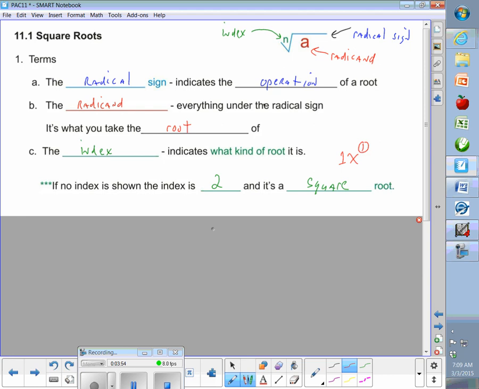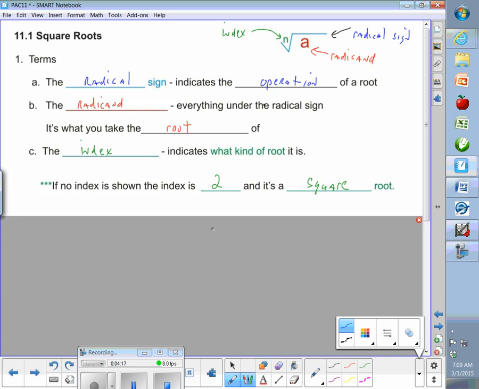Well, it's also a 1, but we don't bother to write the 1 because when there's nothing there, we know it's 1. Well, with our radical sign, when there's nothing in the index, then we know it is a square root.